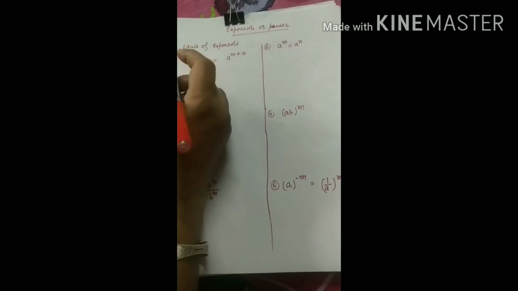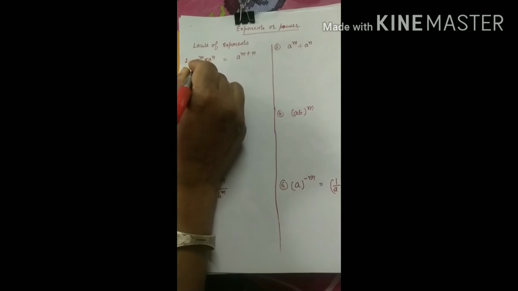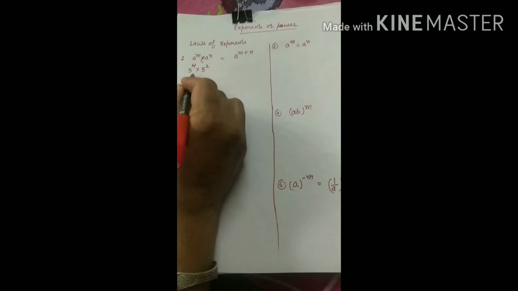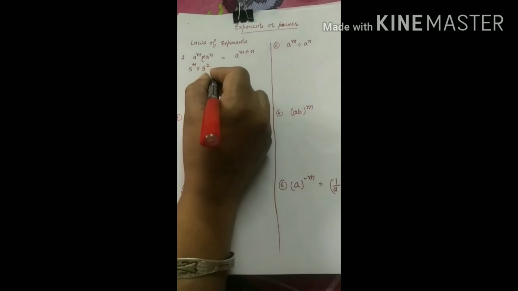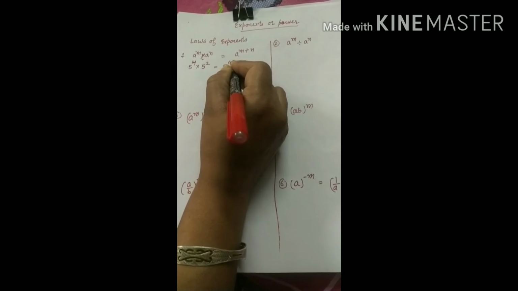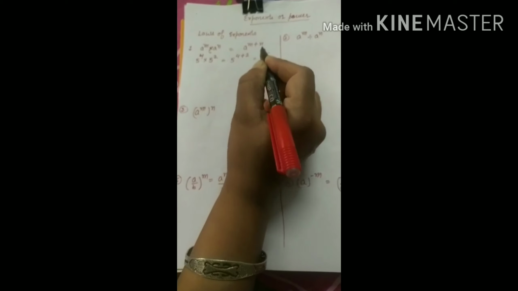An example is 5 power 4 multiply 5 power 2. Now you can see the bases are the same and there is a multiply sign between them, so you will add their powers. So it becomes 5 power 4 plus 2, which is 5 power 6.